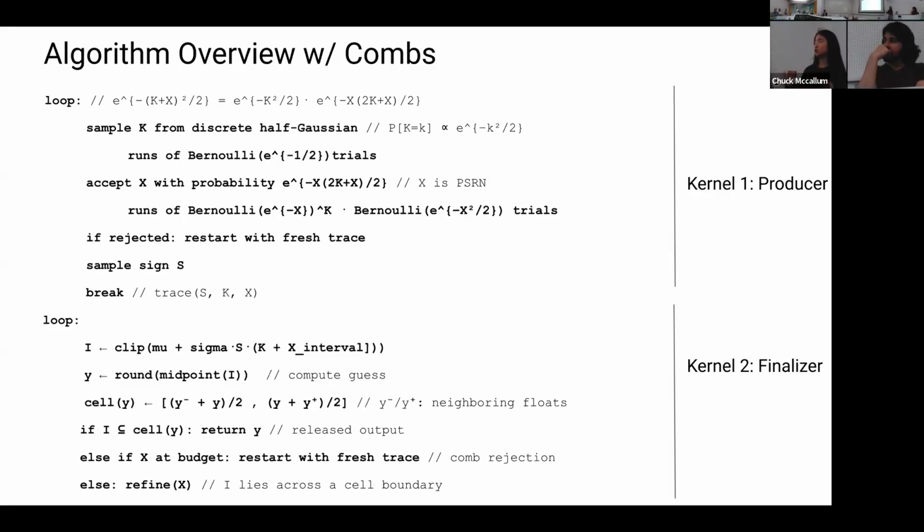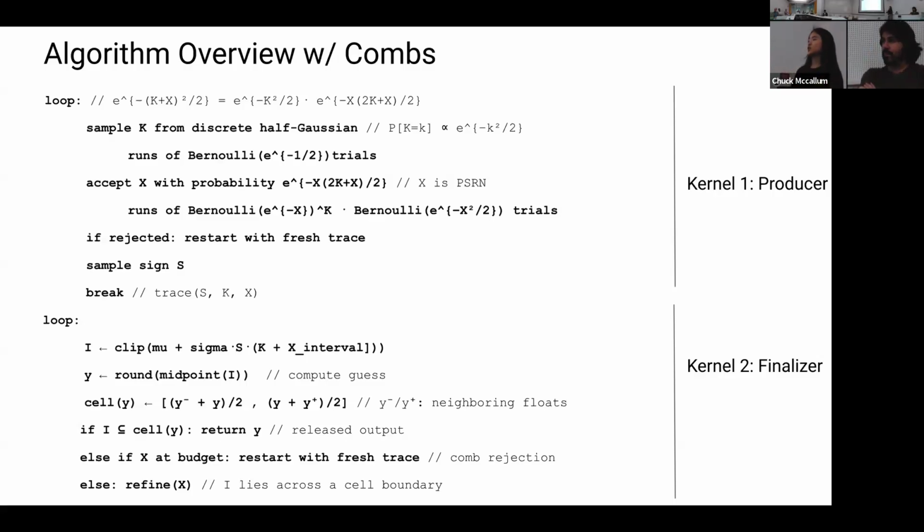If it's rejected, then you restart, and the ideal output would be an accepted trace with those components. From here, for this version of the algorithm, there is certification. With the interval that is created from the trace produced in the prior step, you would take the midpoint of that, and that would function as your candidate hint or your guess.